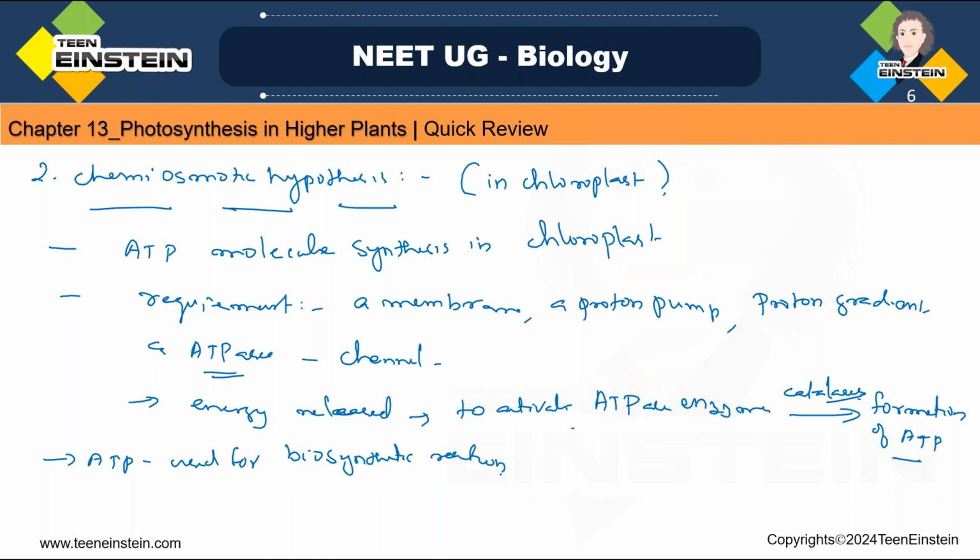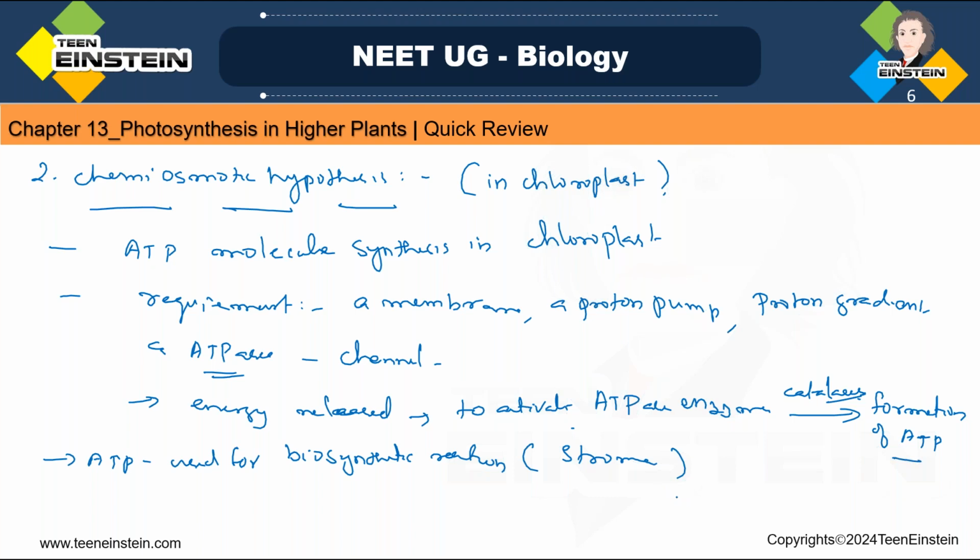First is the photochemical phase, and next the ATP formed is used for the biosynthetic reaction, which takes place in the stroma and is responsible for fixing carbon dioxide and synthesis of sugar.